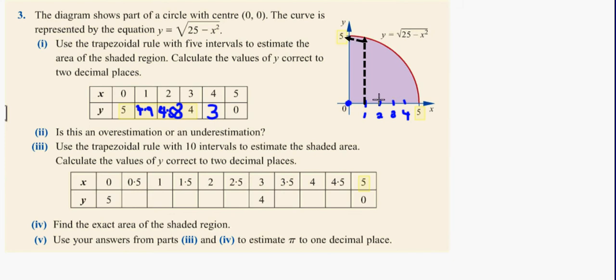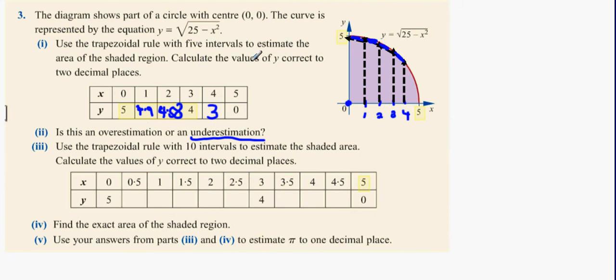So we're cutting off certain points at the top. As this comes around, the trapezoidal rule is calculating just these little areas here. So we can see there's a shaded region that is not used, so it's going to be an underestimation.